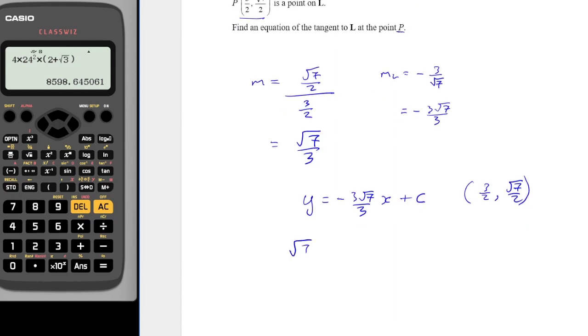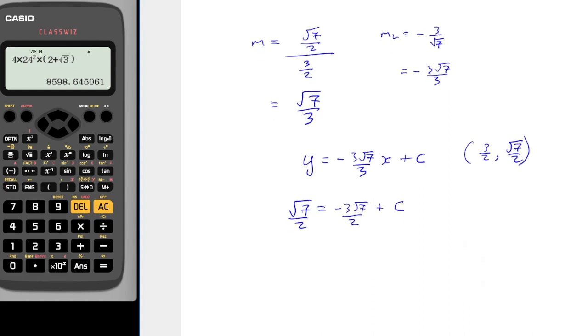So root 7 over 2 is going to be equal to, so the 3's would cancel, minus 3 root 7 over 2 plus c. Okay, so that's not too bad. So I'm going to add 3 root 7 over 2 to both sides. So that's going to be 4 root 7 over 2 is equal to c.